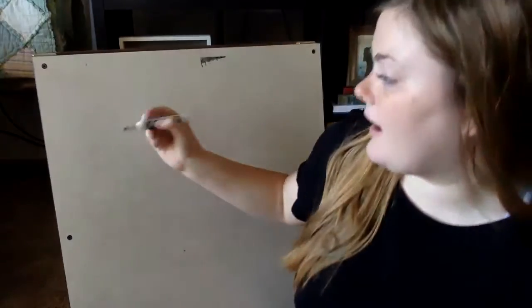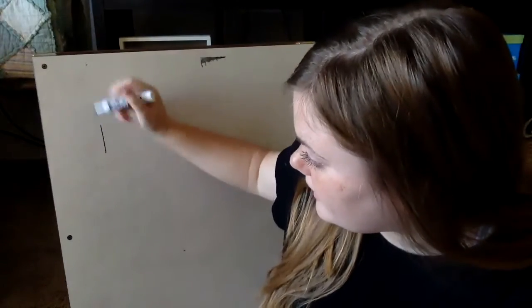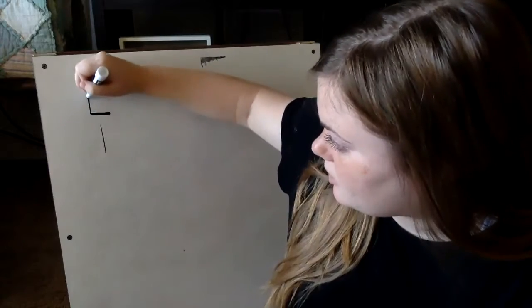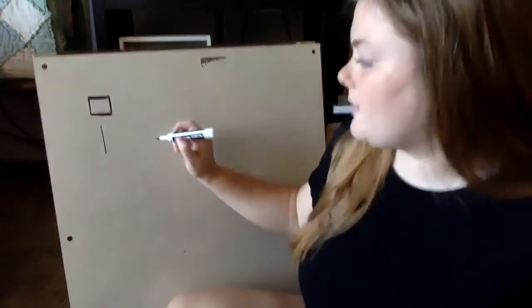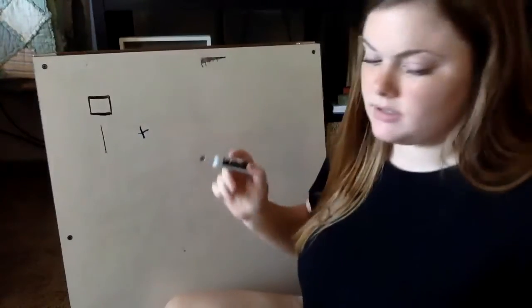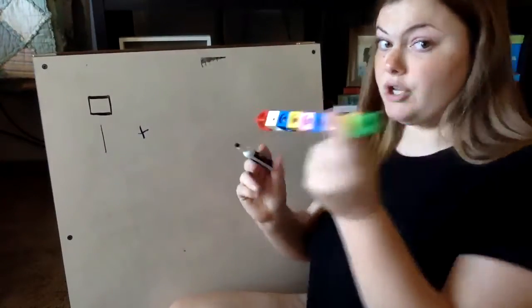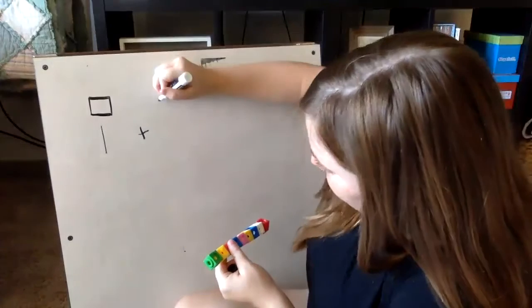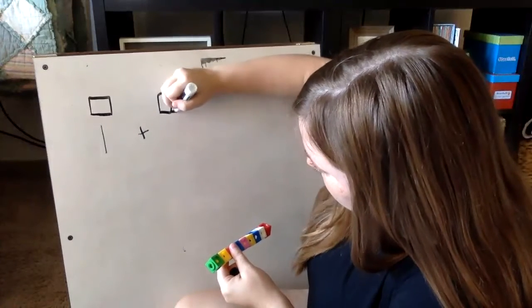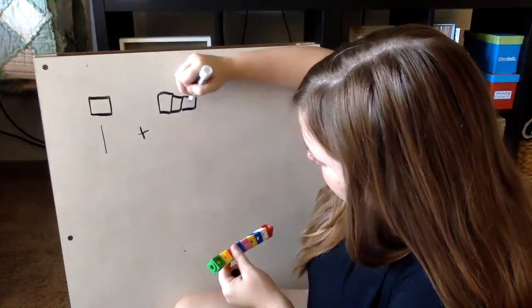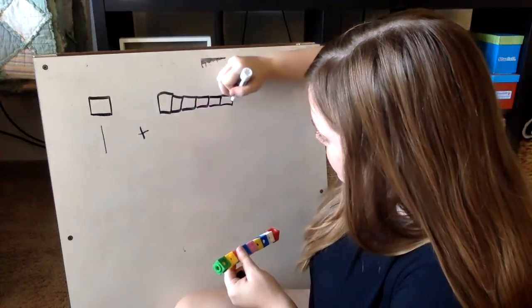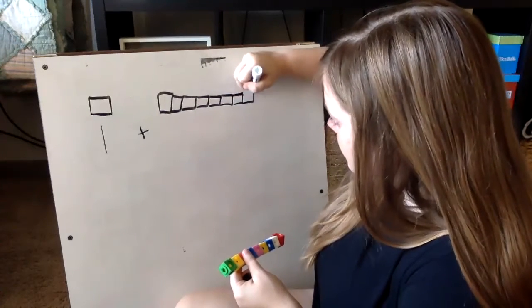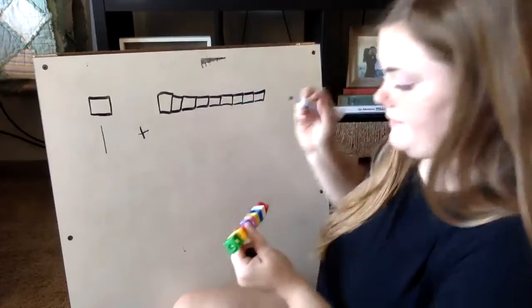So I'm going to say I have 1 cube over here. Here's my 1 cube that I broke off, remember? And then I'm going to write plus, and then I'm going to draw my other cubes. So 1, 2, 3, 4, 5, 6, 7, 8, 9.